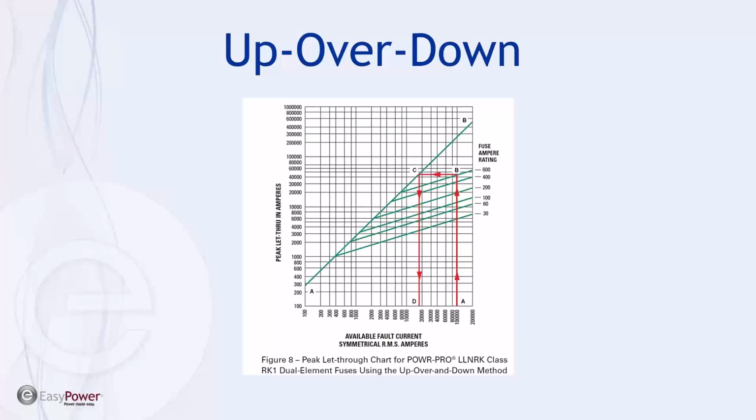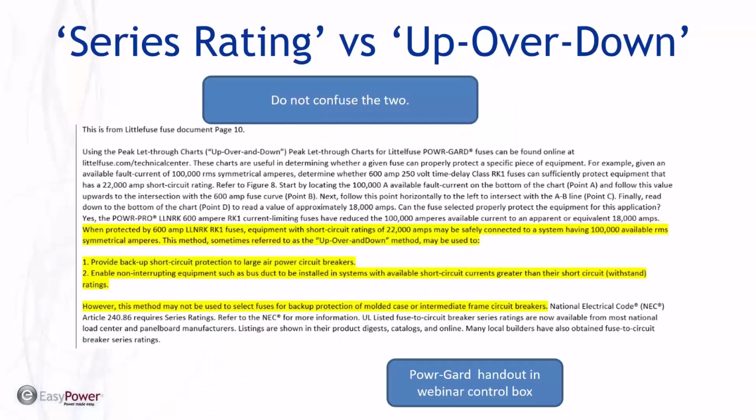Well, I'm not an authority on this, but I do want to reference a document from the Littelfuse technical manual Power Guard, which I've included a copy in the handout.